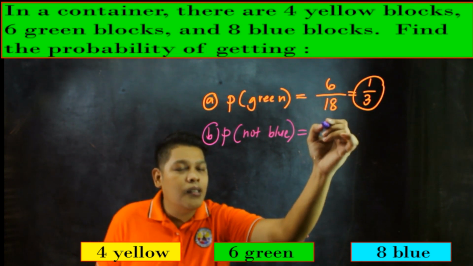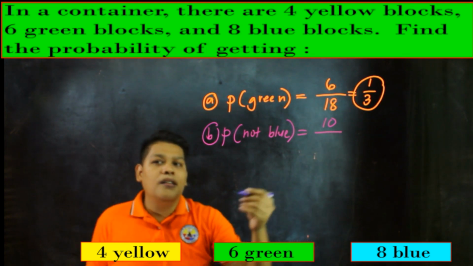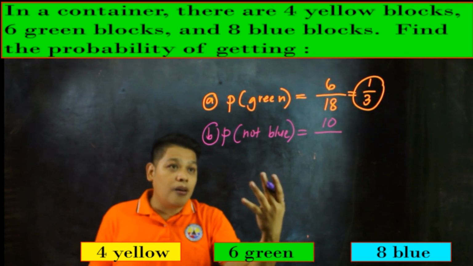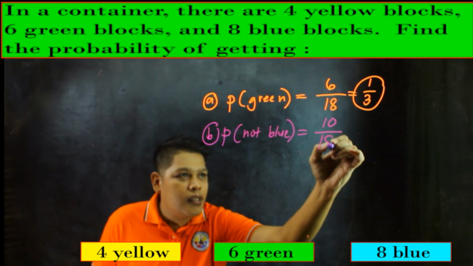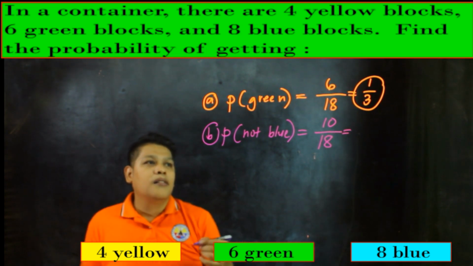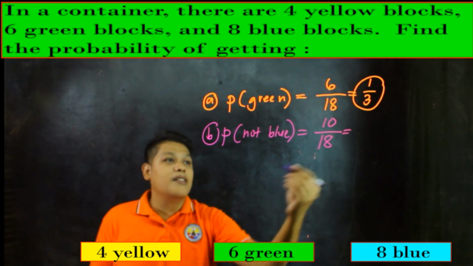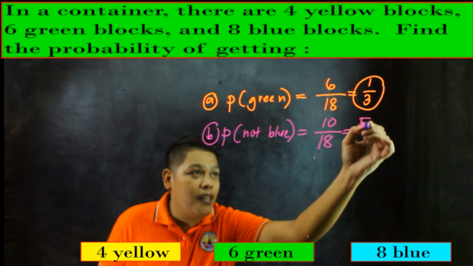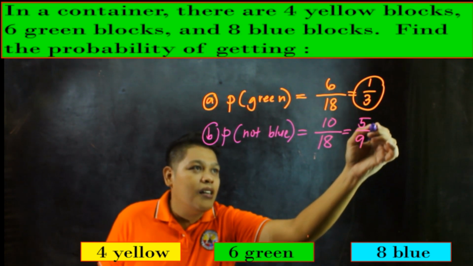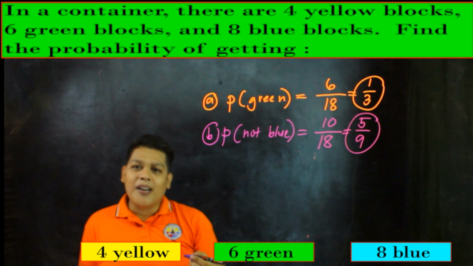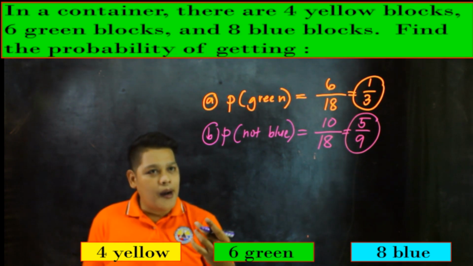So 4 plus 6 is 10 over the total number of outcomes, or the sample space, which is 18. So in lowest terms, 10 over 18 is 5 over 9, dividing the numerator and denominator by 2. Okay, so you will recall how to get the lowest term of fractions.